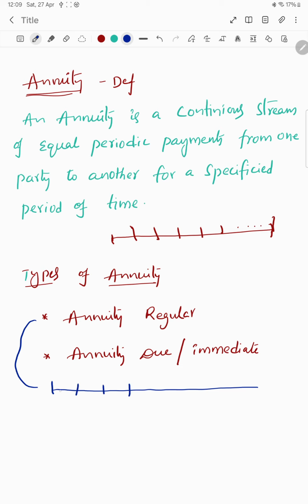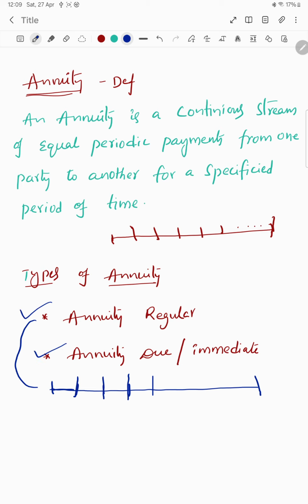If the customer pays by the end of every month, so by the end of the first month, the second month, the third month, the fourth month, and so on, up to the last day of the last month, then the entire cumulative money is called annuity regular.